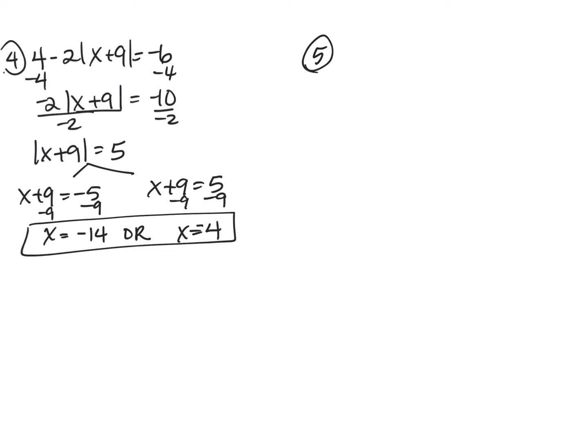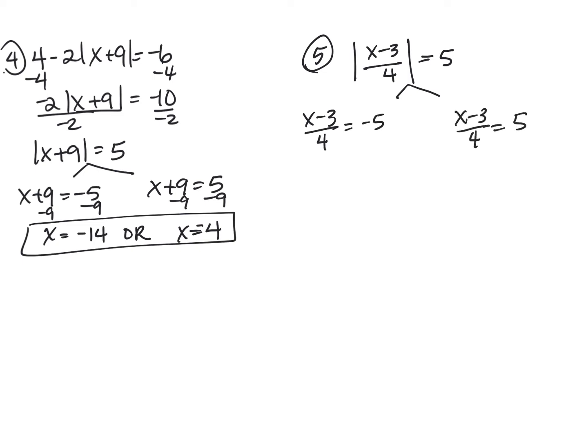Number 5, what about this? Absolute value of x minus 3 over 4 equals 5. All right, so the absolute value bar is already isolated, so I can split this. So I'm going to say x minus 3 over 4 equals negative 5. X minus 3 over 4 equals positive 5. All right, what am I going to do?